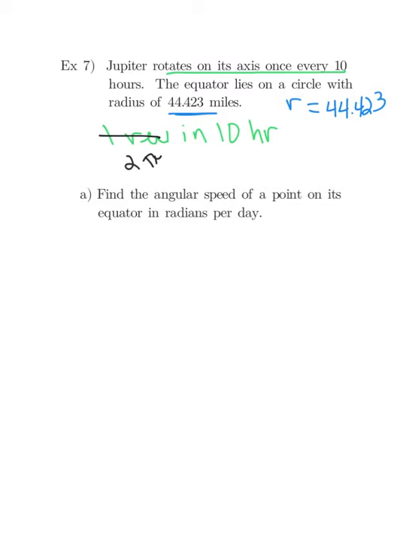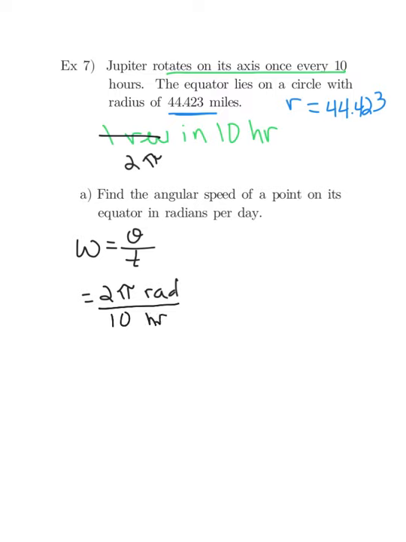So if we think about our basic definition of omega, angular speed equals theta over time. We know our angle, it's 2 pi. So we are going to have 2 pi radians divided by our time, which is 10 hours.